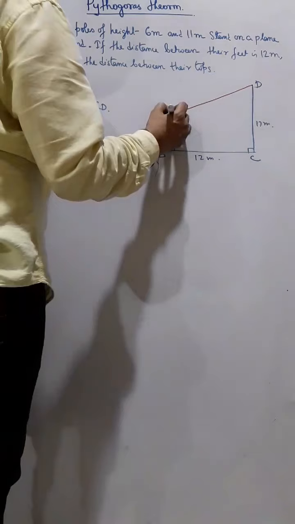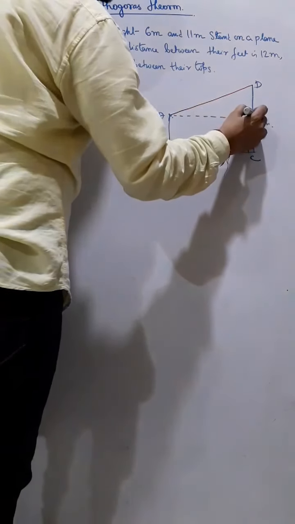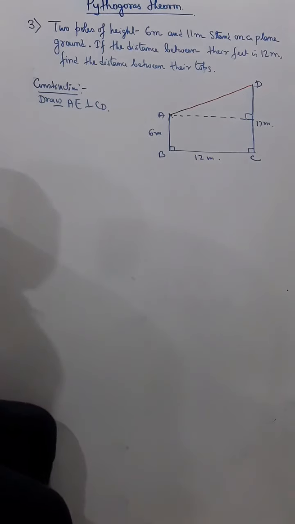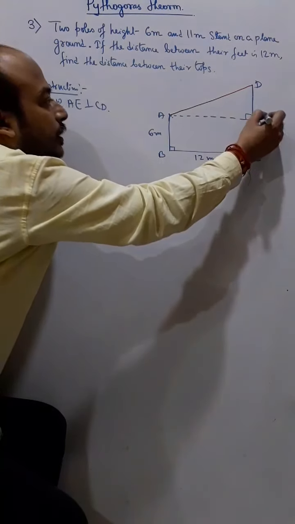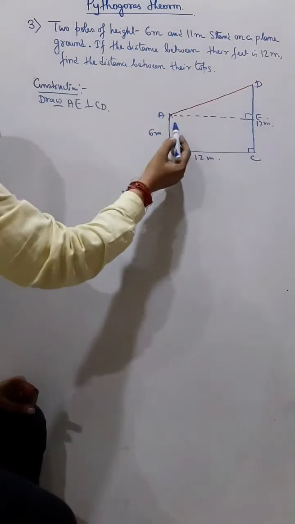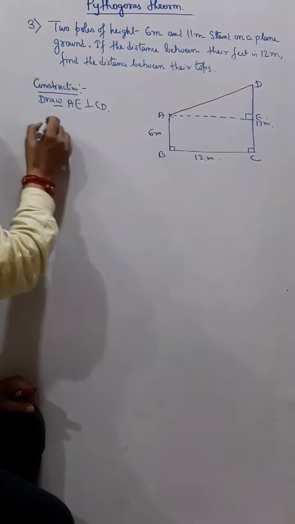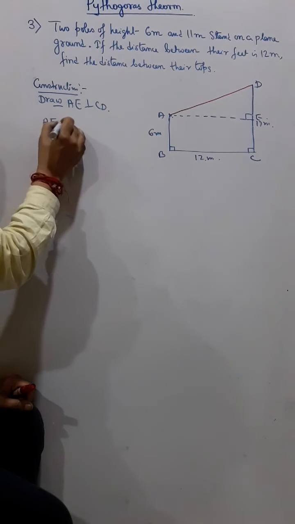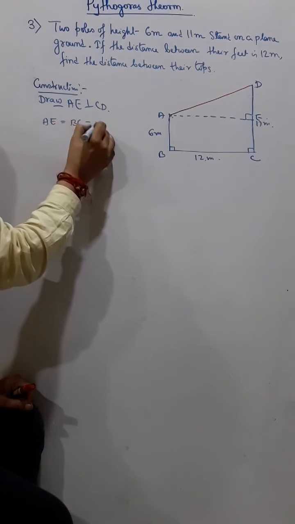So we'll draw AE perpendicular to CE, and now we can say you have to find AD. So simple, AE is equal to BC equals 12 meter.